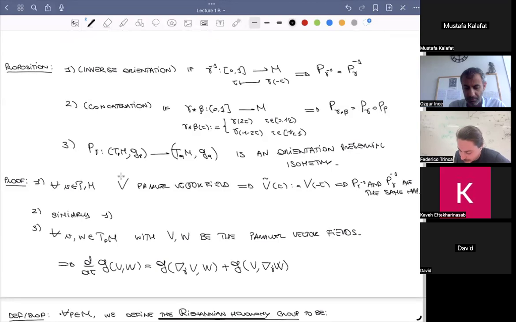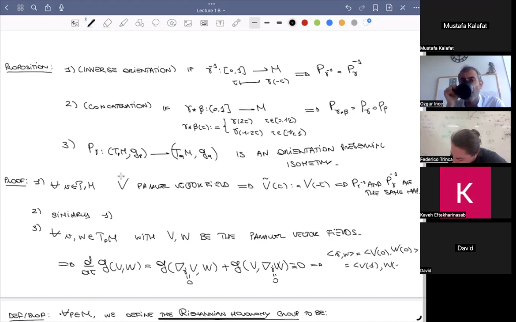And by definition, this is zero, so this is zero. And so this implies that g(V, W), which is equal to g(V(0), W(0)), is equal to g(V(1), W(1)), but V(1) is precisely P_gamma of V and P_gamma of W. And so this proves that it's an isometry, and similarly, you can prove that it preserves the orientation.